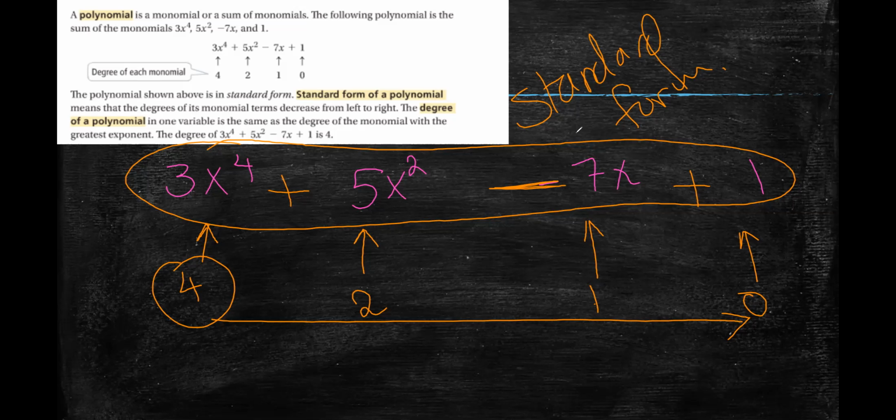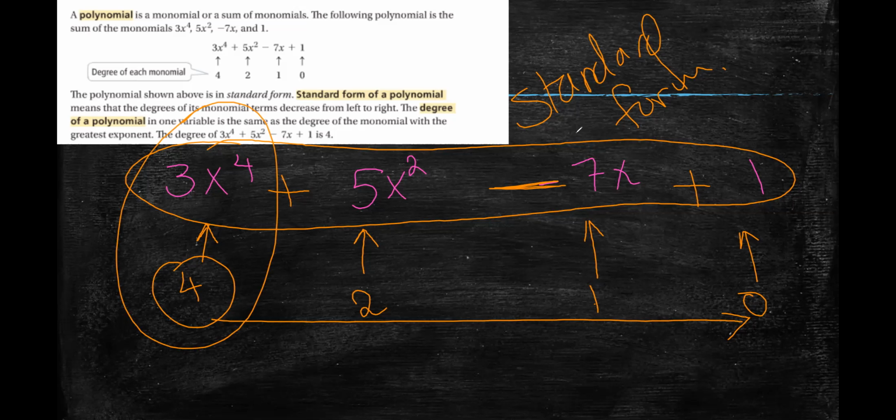The degree of the polynomial, you will choose the highest one, which is 4. So if I'm asking you what is the degree of the polynomial, you take the highest exponent. Which is the highest exponent here, or the highest degree? 4. So you will say now the degree of the polynomial is 4.